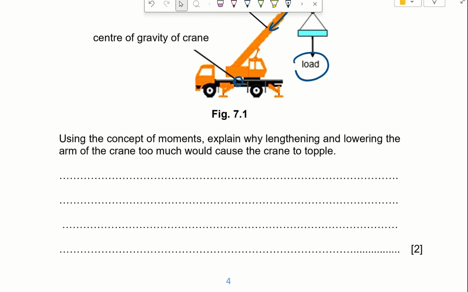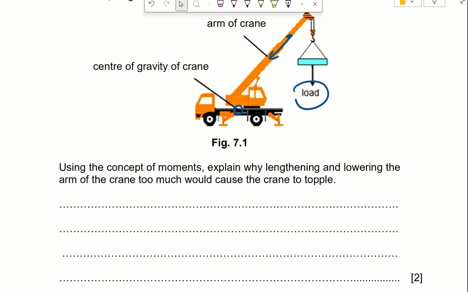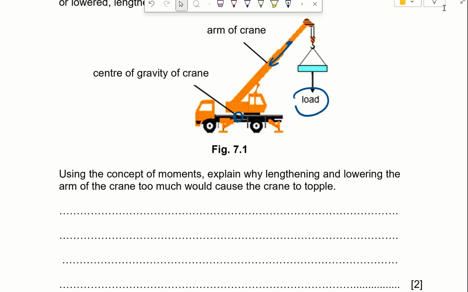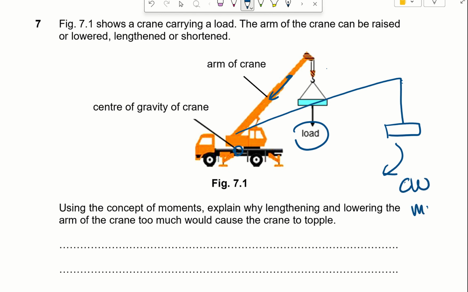Now using the concept of moments, explain why lengthening and lowering the arm of the crane too much will cause the crane to topple. Okay, so imagine I were to increase the length of the arm as well as lowering it. So you see, I lower this. So when I do that, I have a load here, right? And if this thing were to topple, the load will actually exert a clockwise moment about a pivot.